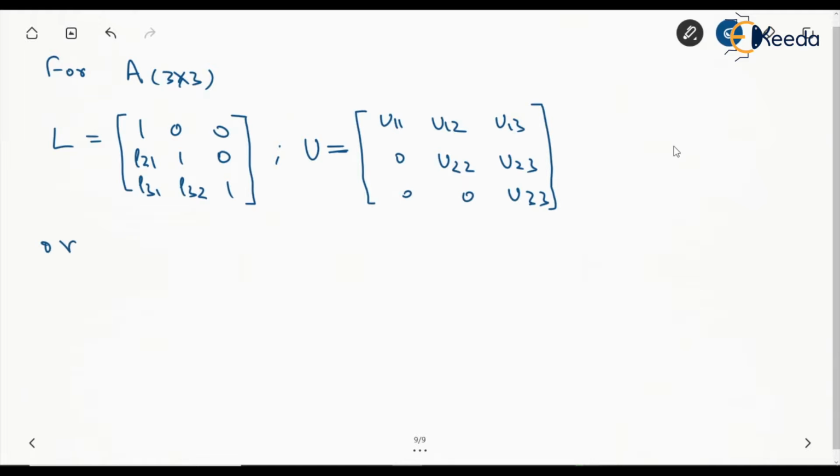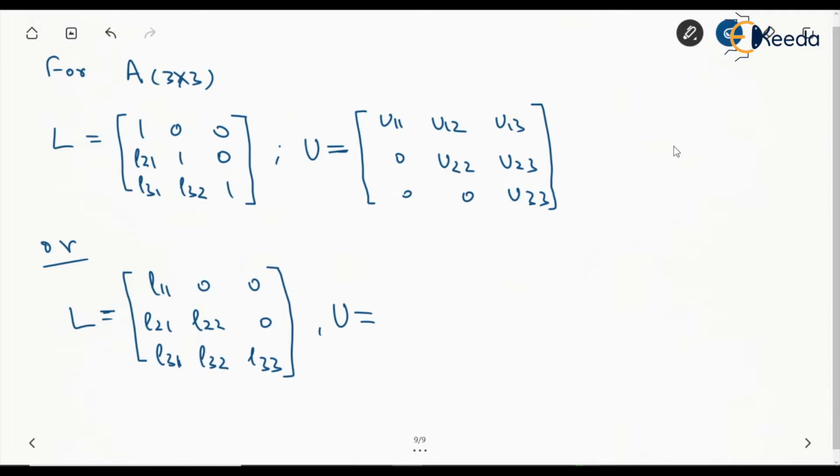Or else we can also present it as L being L11, 0, 0, L21, L22, 0, L31, L32, L33, with U equal to 1, U12, U13, 0, 1, U23, 0, 0, 1.